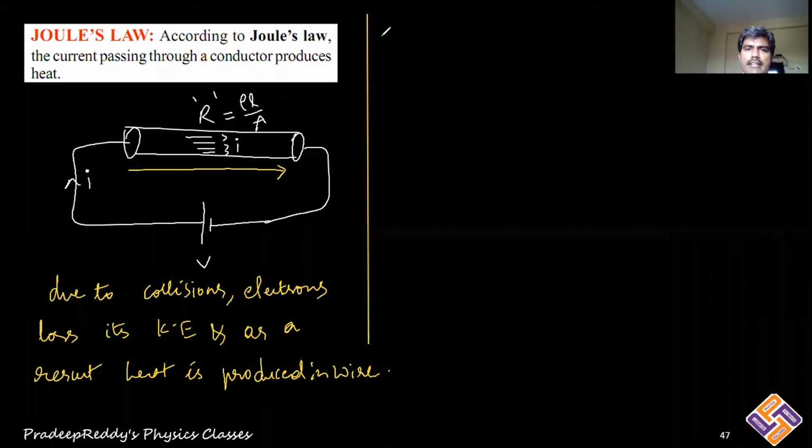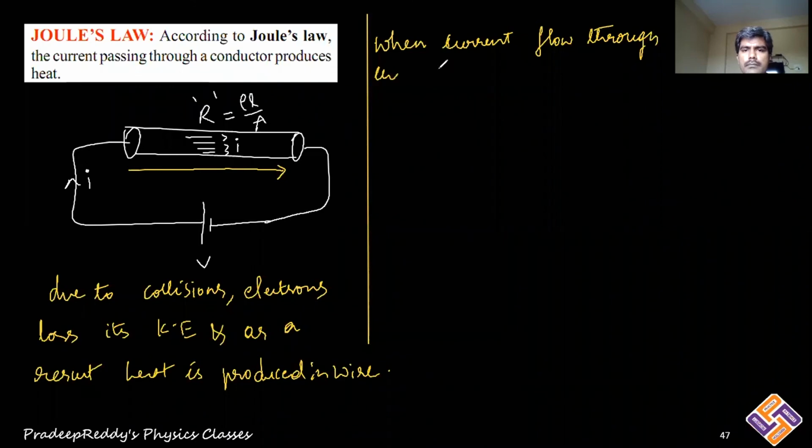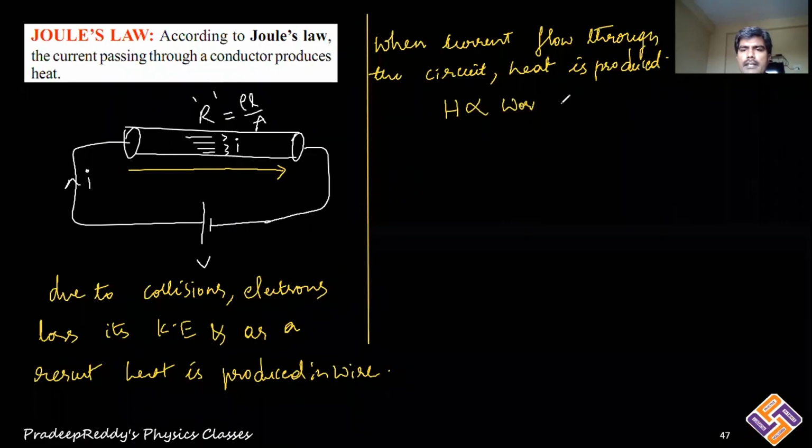So Joule's law states that when current flows through the circuit, heat is generated, it is produced, and that heat produced, H, is directly proportional to work done by the battery.